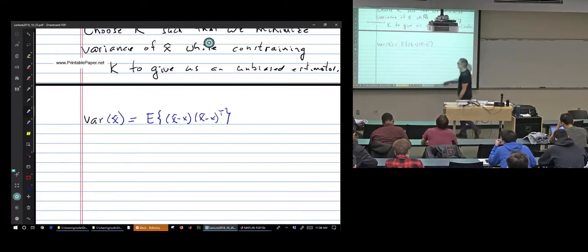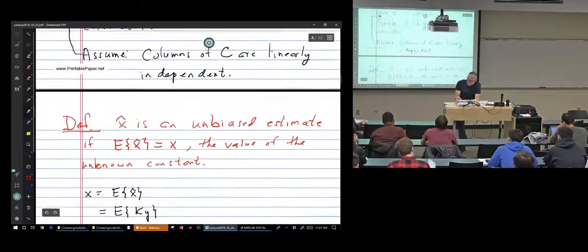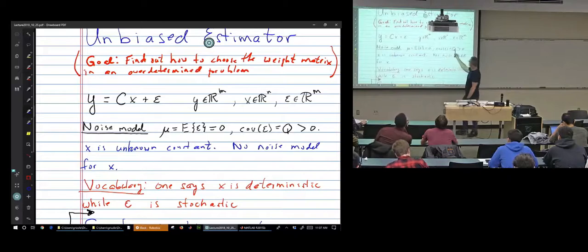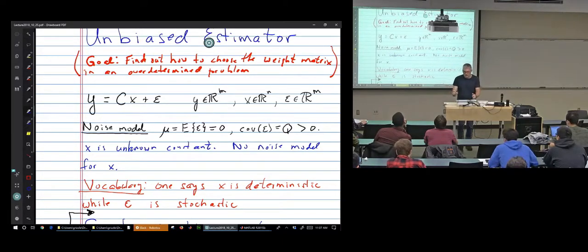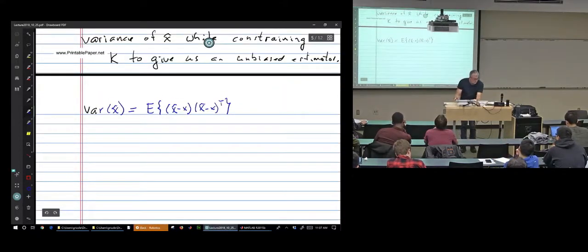Okay, so I'm going to now rewrite this in terms of a trace of a covariance matrix, and the reason is that's the information we have in our model. In the end, our model gives us the covariance of the noise. So I'm going to rewrite the variance in terms of trace of covariance to make this matrix show up. That's all I'm doing.